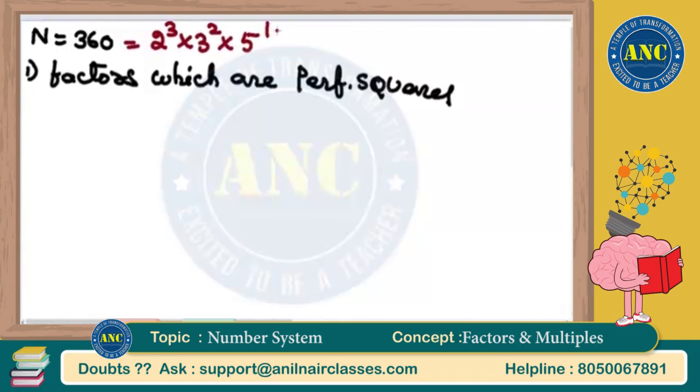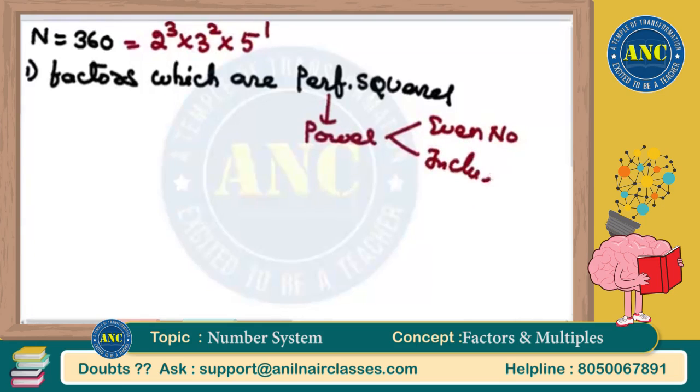A perfect square means the power will be an even number including 0. If the power of a prime base is an even number including 0, then the number is called a perfect square.